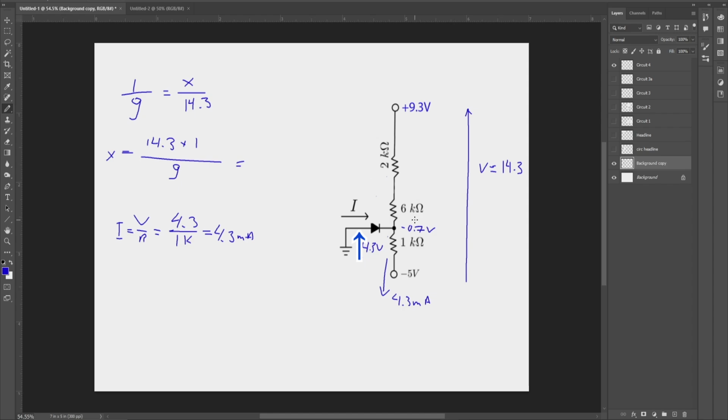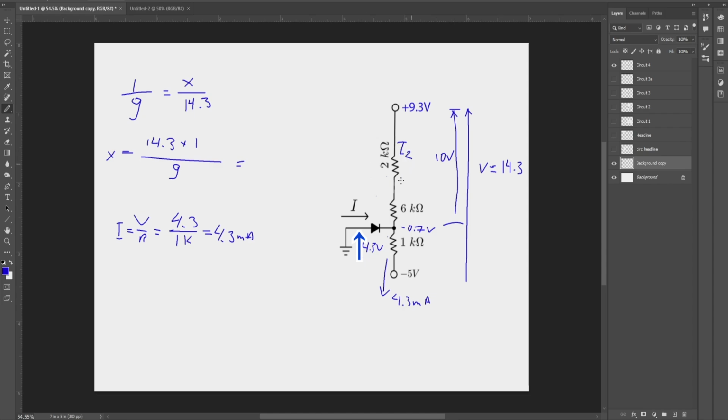What is the voltage drop between this point and that point? So 9.3 plus 0.7, because we're going down 9.3 volts, we have to go down more, 0.7 volts to this thing. So look at this, between here and here, we have 10 volts across 8 kilo ohms. What's the current? So this I2.